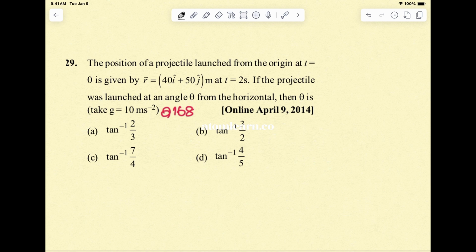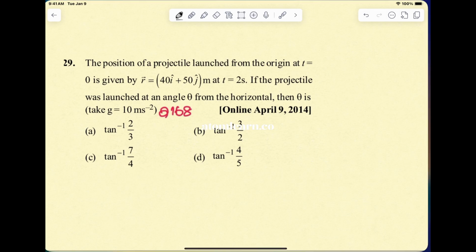Yeah, read this question. The position of a projectile launched from the origin at t equal to 0 is given by r vector, position vector, 40 i cap plus 50 j cap meters at t equal to 2 seconds. If the projectile was launched at an angle theta from the horizontal, then what is theta, we have to find out.